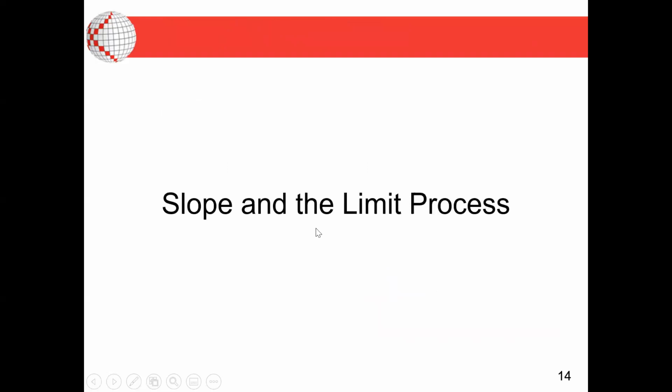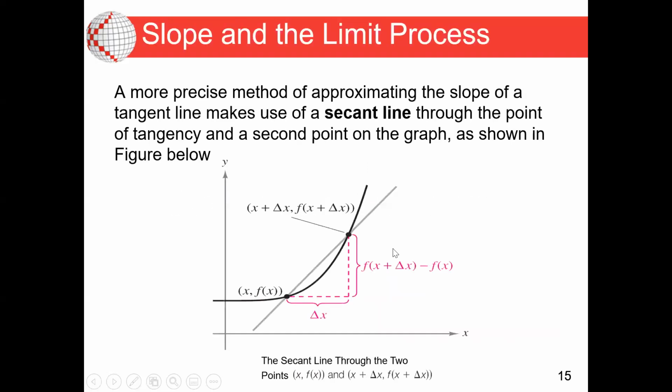Next, we go to the slope and the limit process. Now we have to use what we call the secant line. A secant line is when you have a line on the graph and it touches it twice. So we can see we have our nonlinear graph.